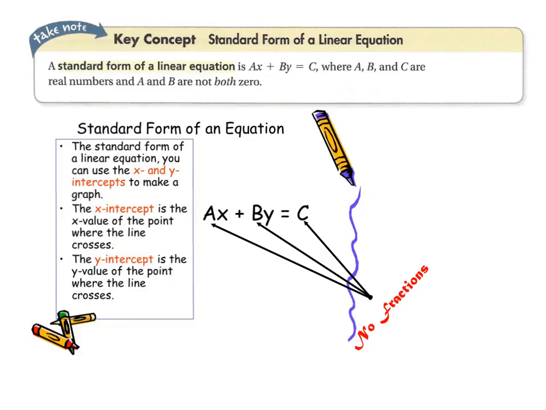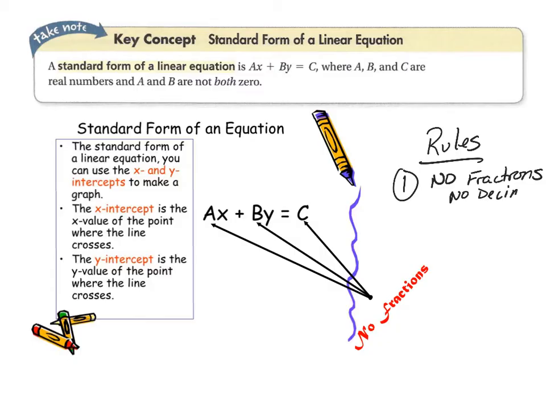All right, and moving on to our last equation form, and that is the standard form of a linear equation. That is written here, capital AX plus capital BY equals capital C. There are 3 rules that you have to abide by. Rule number 1, no fractions. And I'd also say no decimals, but a decimal is just a fraction, so no fractions should take care of that.